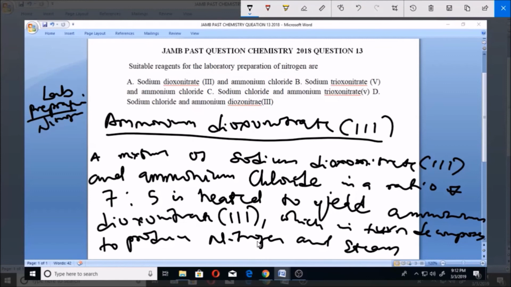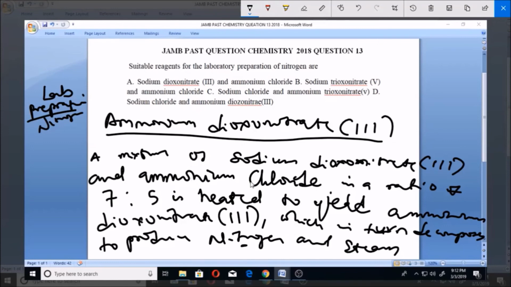So you see the way nitrogen is produced from ammonium dioxonitrate 3. But how does this ammonium dioxonitrate 3 come to be? By having a mixture of sodium dioxonitrate 3 and ammonium chloride. That's how you produce this. So once you have a mixture of sodium dioxonitrate 3 and ammonium chloride, you produce ammonium dioxonitrate 3, which can easily decompose on heating to produce nitrogen.